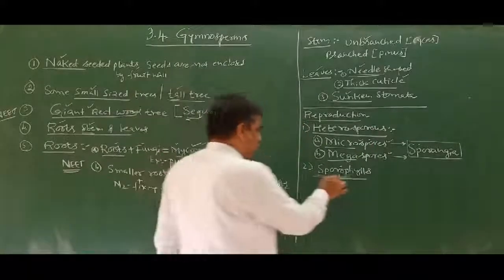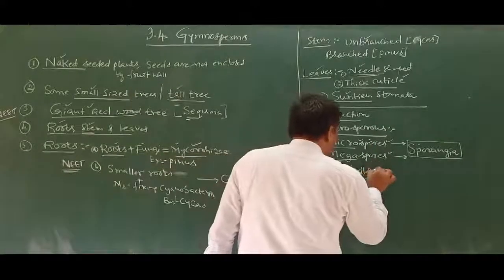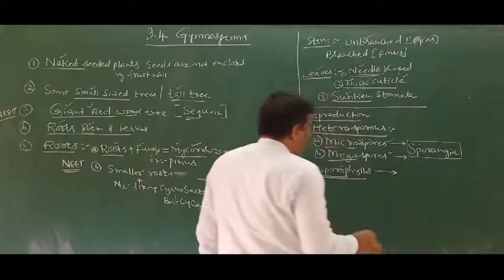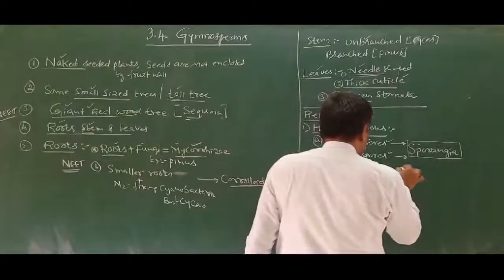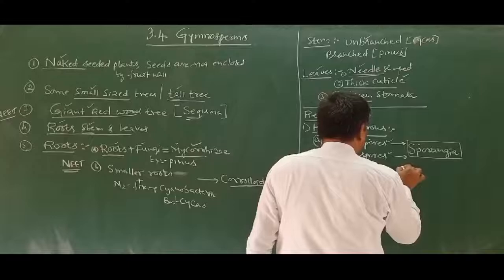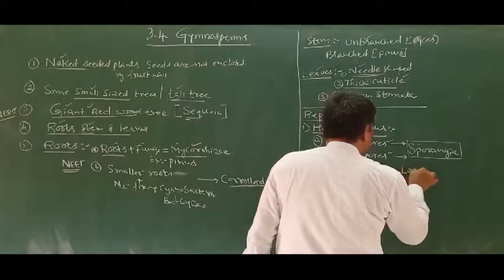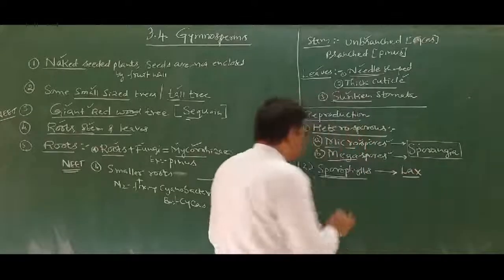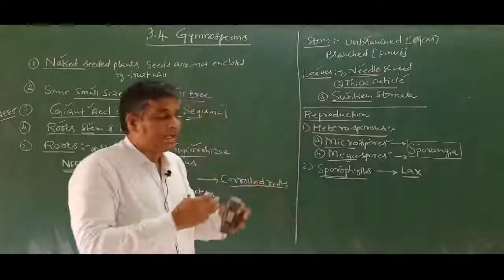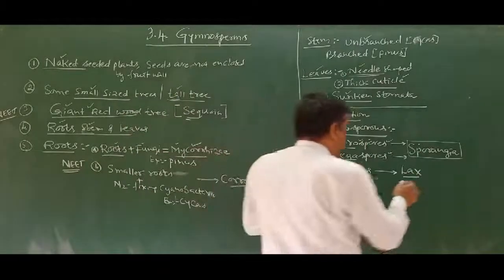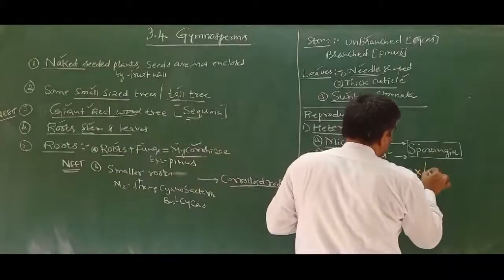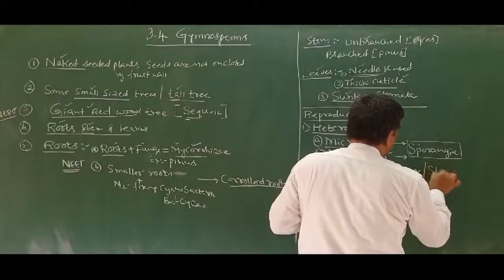Sporophylls are nothing but leaves. One more thing you have to understand here: these are spirally arranged and form a compact structure. You should understand the word here. Sporophylls are spirally arranged to form a compact structure known as a strobilus or strobili.